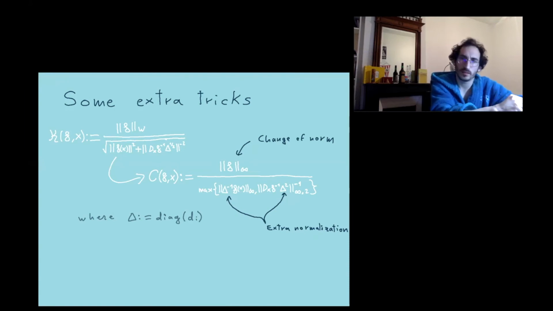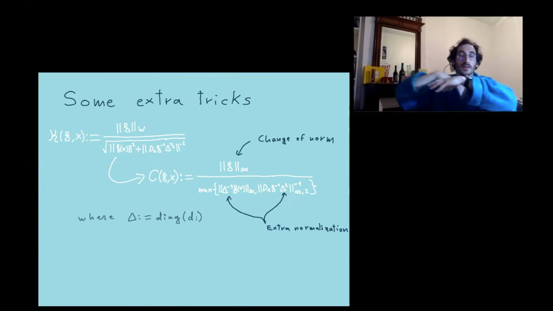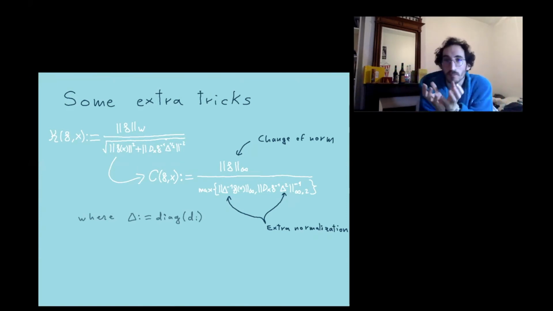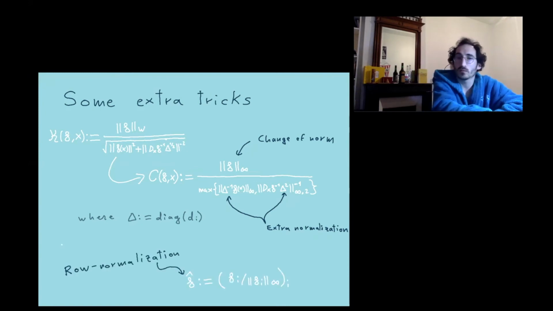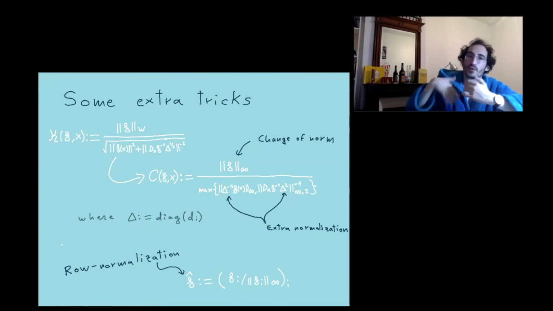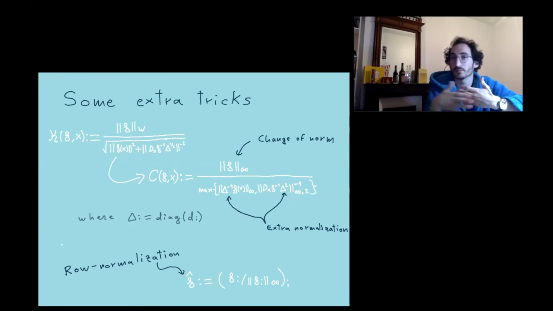And then in many estimates, this will change the maximum of the degrees by its geometric mean, which is in a certain way preferable. On the other hand, we will also have some row normalization, which also improves in certain degree the complexity of the algorithm.